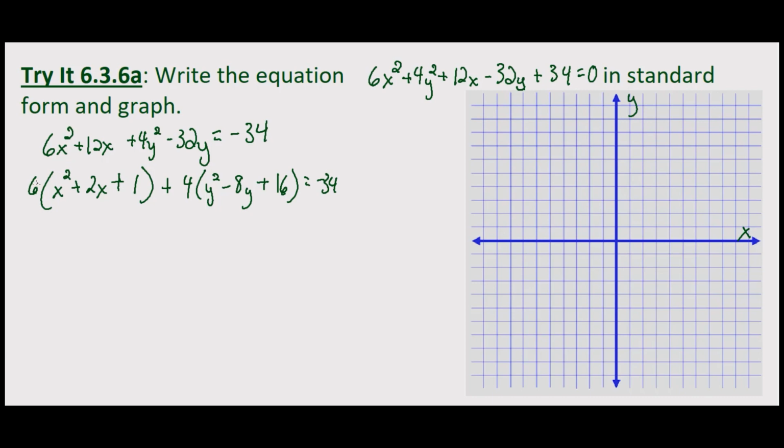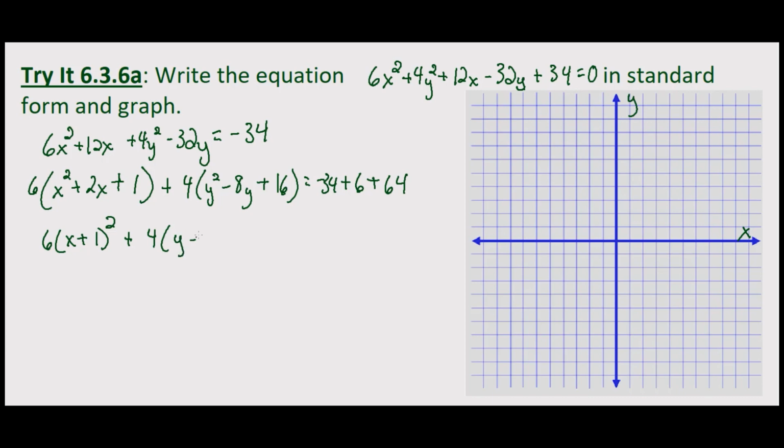Now we added 6 with this first one. 6 times 1 is 6, so we need to add 6 to the 34. And then with this second part, 4 times 16 is 64, so we added 64, so we have to add 64 to the other side as well. So now we've completed the square with both terms, so we have 6 times x plus 1 squared plus 4 times y.